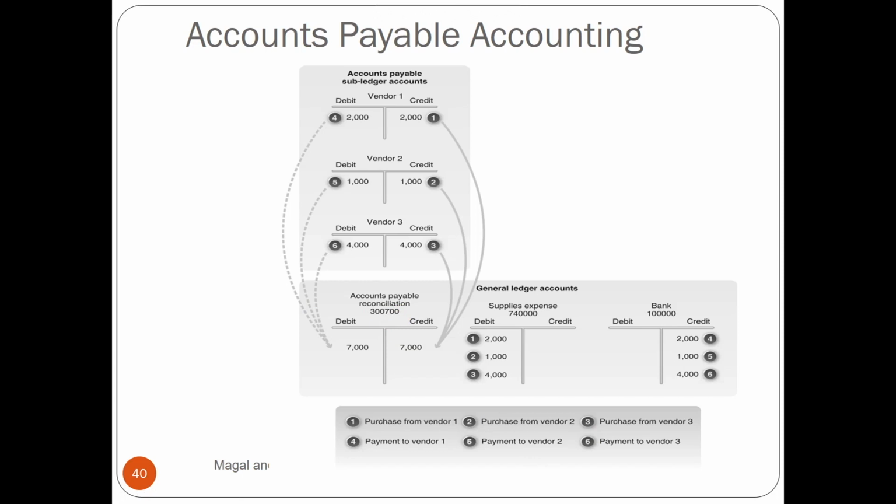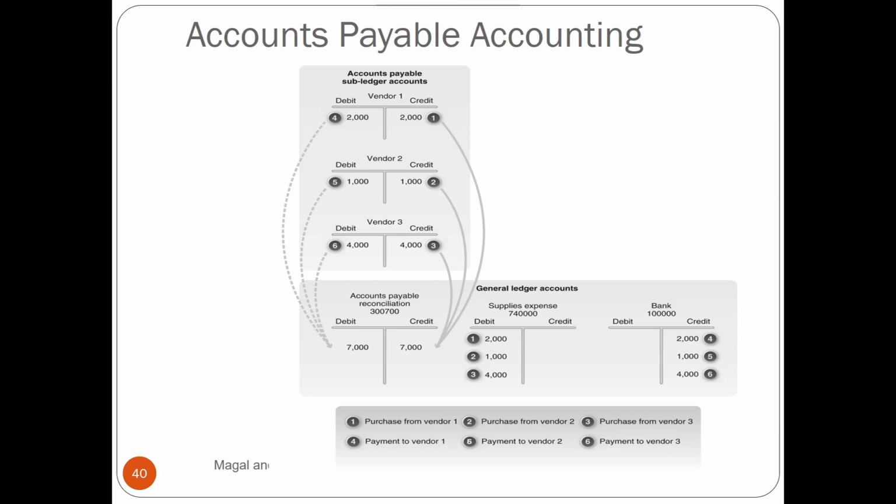So let's consider a scenario in which GBI purchases office supplies from 3 vendors, vendor number 1, number 2, and number 3. Each vendor has designated vendor account numbers, that is also a subledger account number.